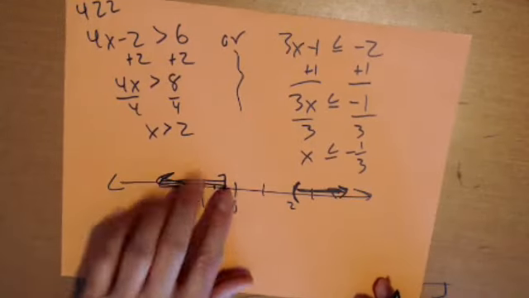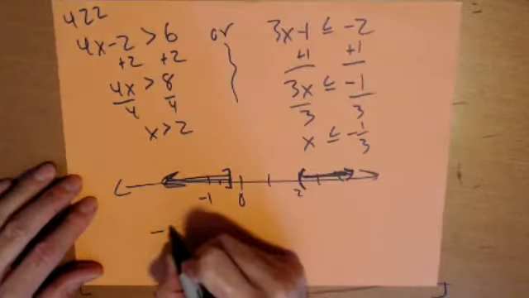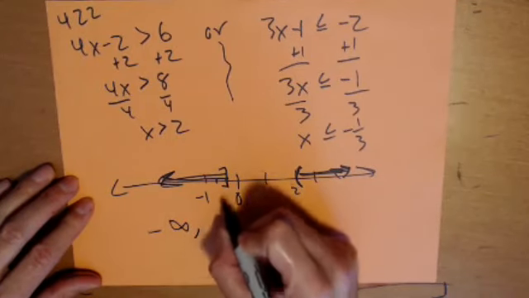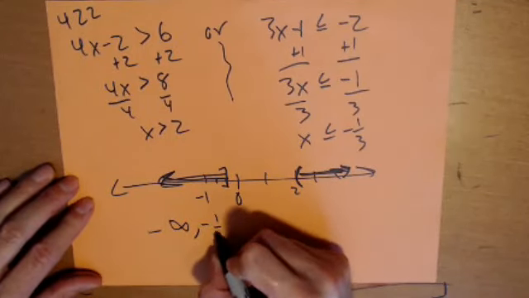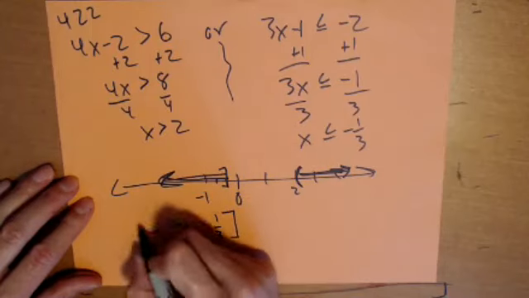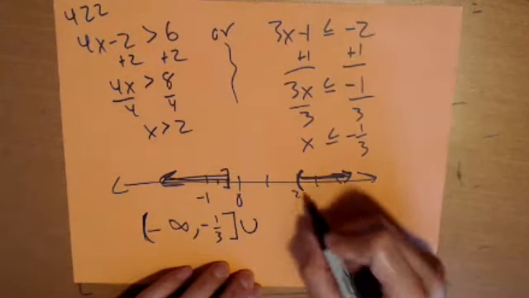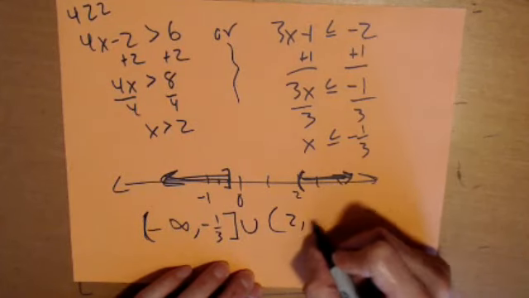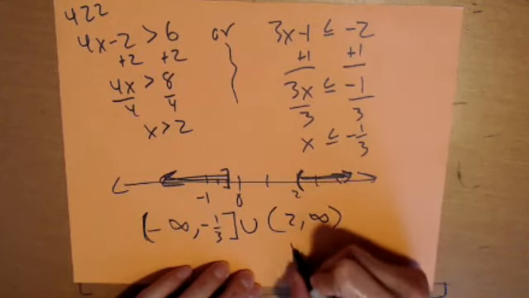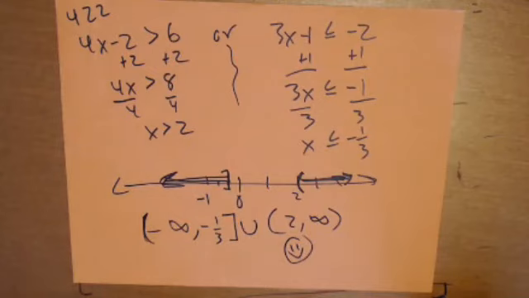So this area, union this area: negative infinity to negative 1/3, bracket, infinities always get a parenthesis because you can't touch them, union 2 to infinity. Yay. So this section is pretty straightforward. Okay, that should be good. Keep going. This section is not too bad once you understand those simple examples of "and" and "or".